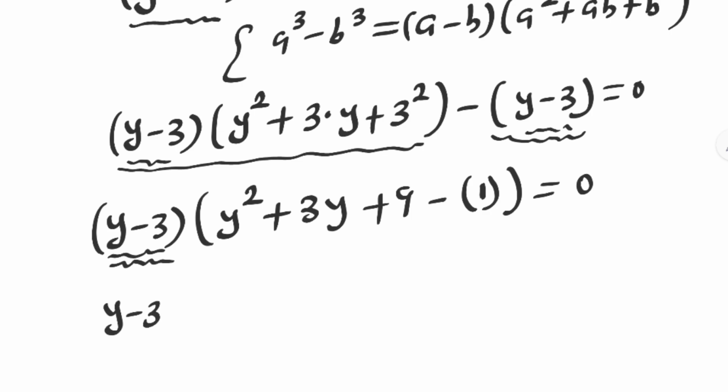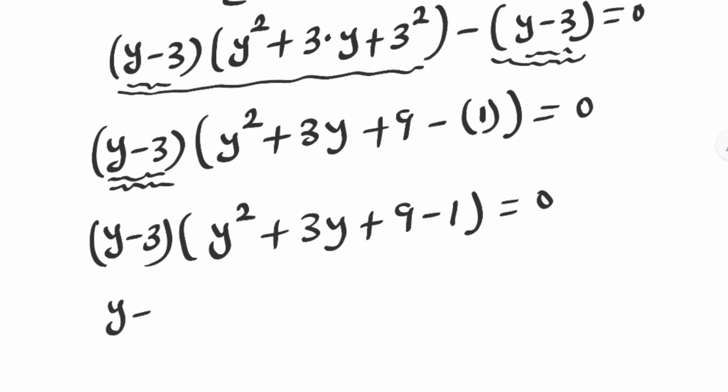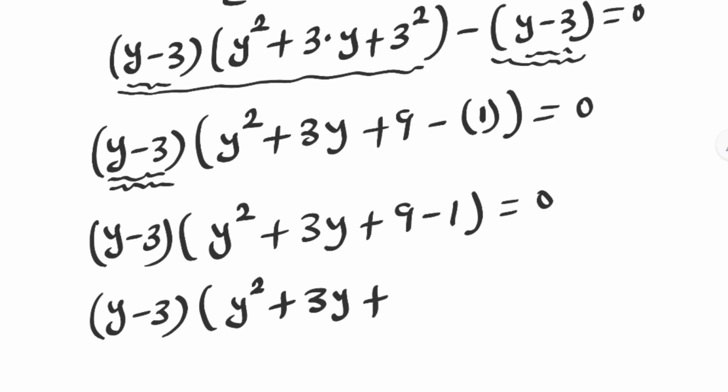y minus 3 bracket y square plus 3y plus 9 minus 1 is equal to 0. y minus 3 bracket y square plus 3y plus 9 minus 1, that is 8, is equal to 0.